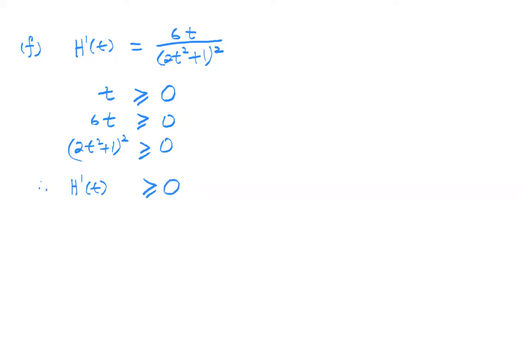So what is the significance of this? If the rate is always positive, what does it tell you about the changes of the height? Conclude. Yes, the plant is always growing.